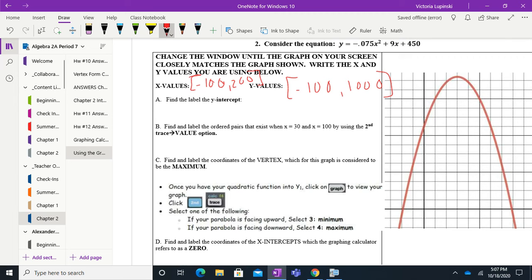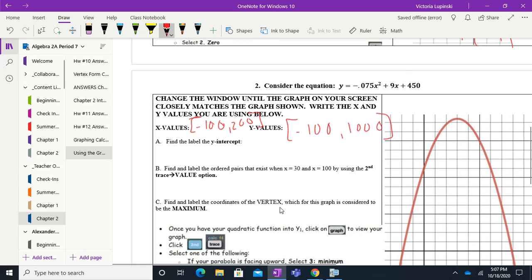So labeling the y-intercept, again, because this is still standard form, I can feel 100% confident that my y-intercept is going to be 0, 450. And if I label that, that must be where it crosses the y-axis, which would, of course, have to be right here. So 0, 450.